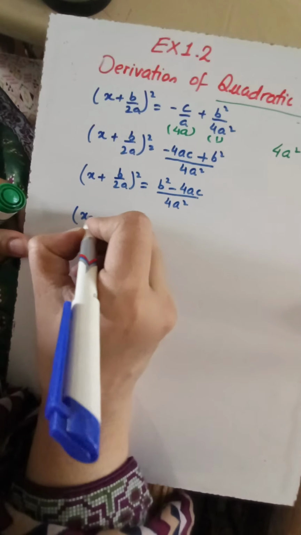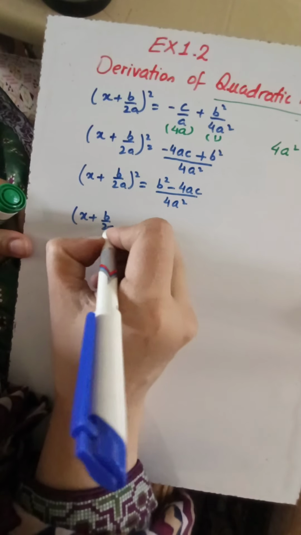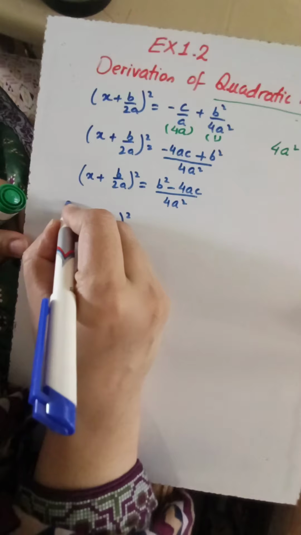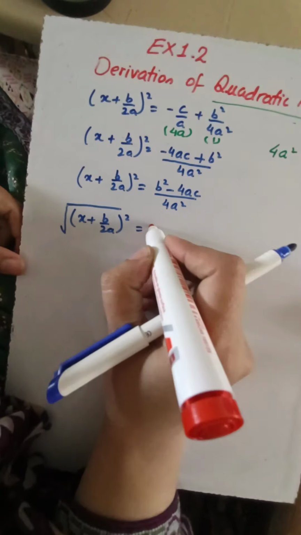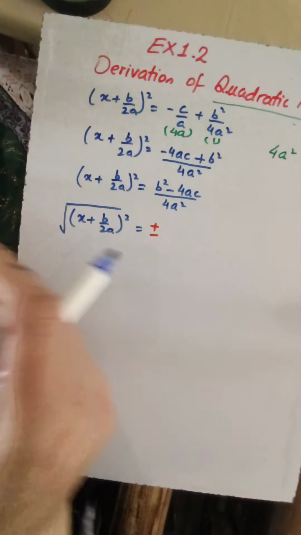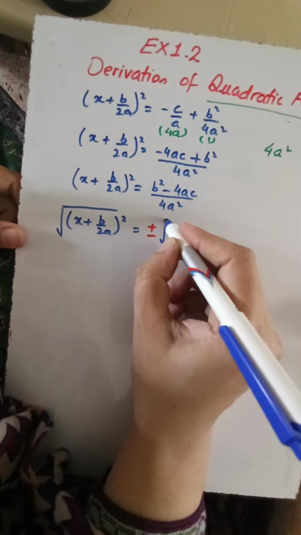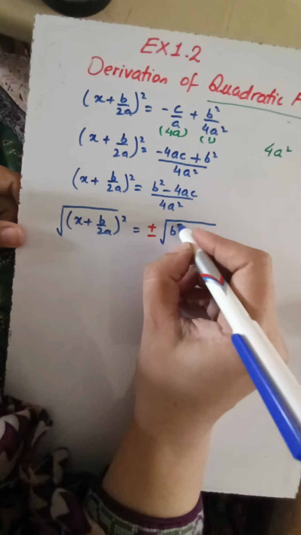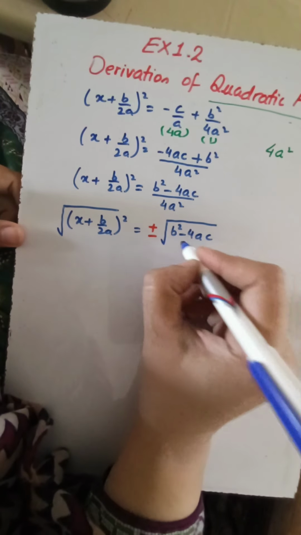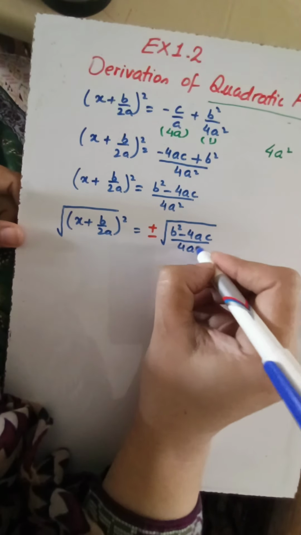Taking square root of both the side, x plus b over 2a whole square is equal to plus minus b square minus 4ac over 4a square.